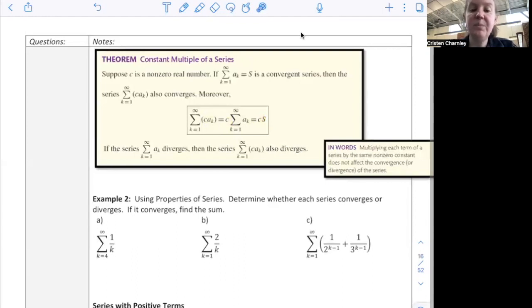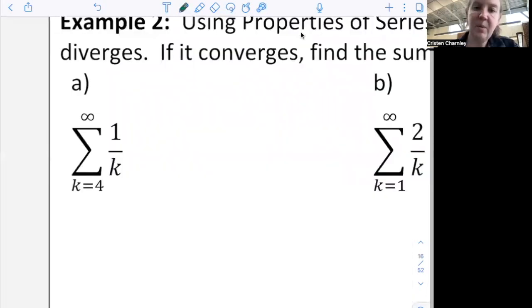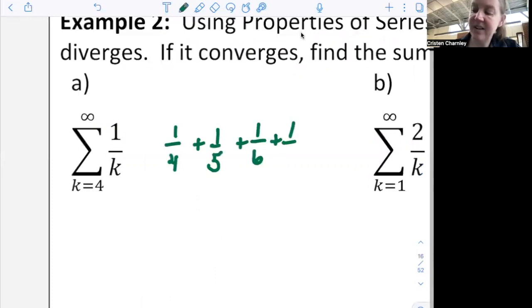Example 2, using properties of series. Determine whether each series converges or diverges. If it converges, then we are going to find the sum. For part A, it might be helpful to put a few of the first terms in there. So this would be 1/4 plus 1/5 plus 1/6 plus 1/7 and so on, except for 1/1, 1/2, and 1/3.